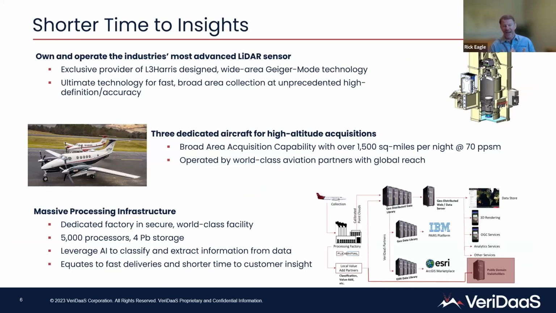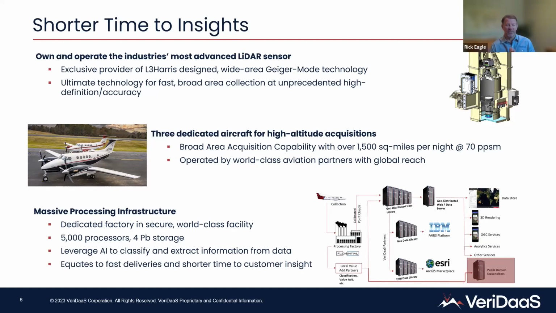So for us, time to insight is really critical. Everything that we like about this sensor, and we've set up our own processing infrastructure, our own aircraft operation to provide very short time to insight to clients. So we have 3 Geiger mode sensors in different aircraft. We now have 2 new King Airs just recently this year.